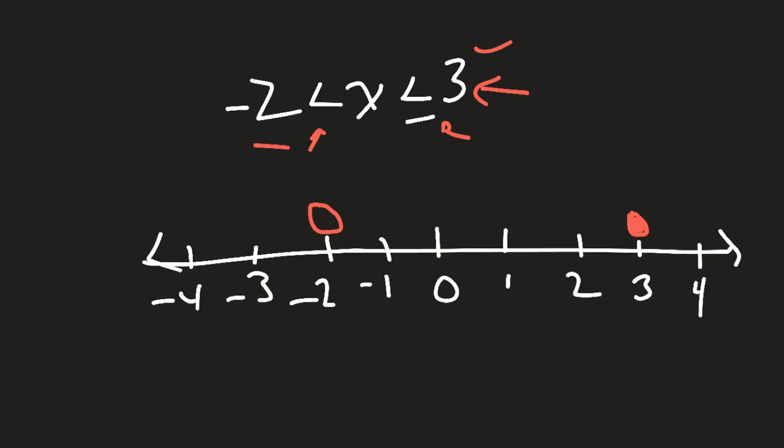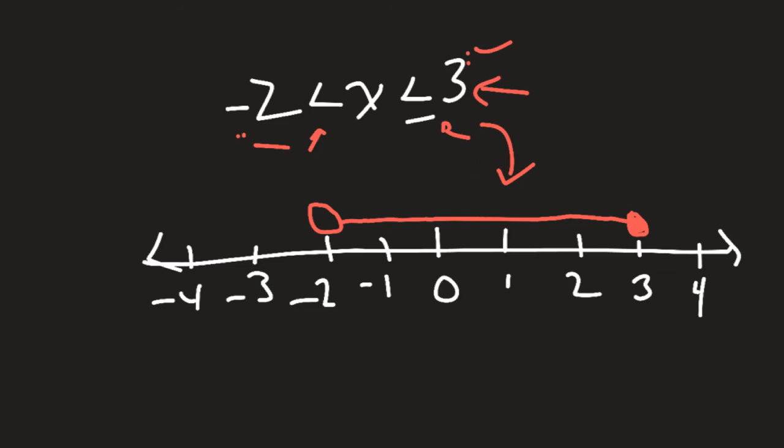And then finally we show that this value is any number greater than -2, so it could be -1, 0, 1, 2, and it could be 3 because it's equal to 3. So there is a number line to show that value, and it has an upper and a lower bound to the possible answer that we have.